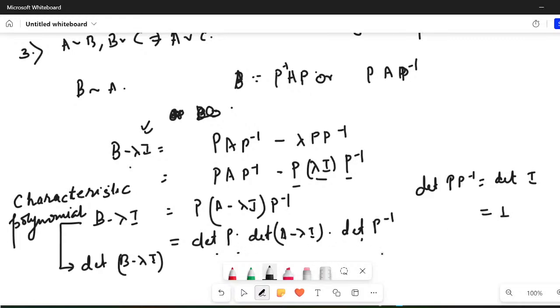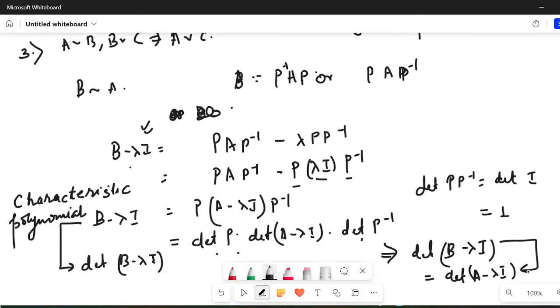So eventually, the determinant of B minus lambda I is equal to the determinant of A minus lambda I. Clearly both have the same characteristic polynomial, therefore the eigenvalues are the same, and even of the same multiplicities.